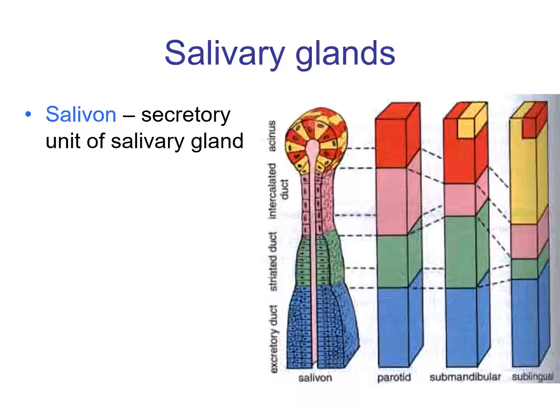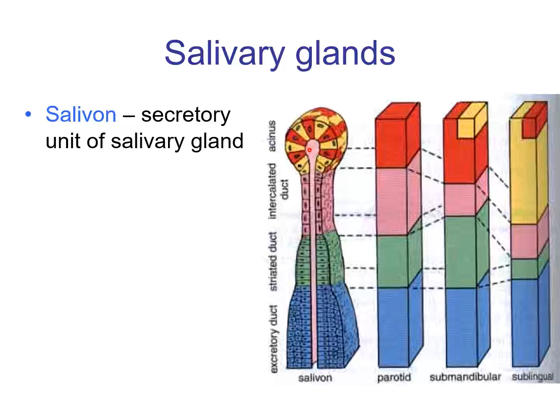Here the serous cells in the acinus are depicted as red color and the mucous cells are depicted with yellow color. So this is one acinus, the singular is acinus and plural is acini. Already you know what is an acinus.